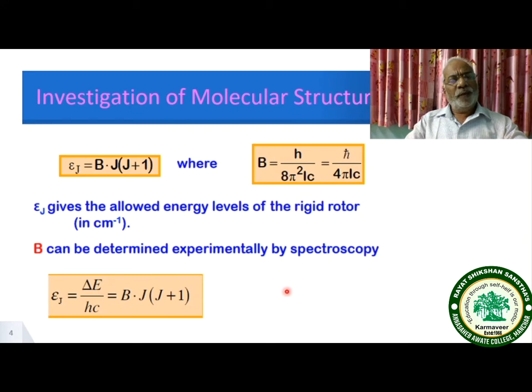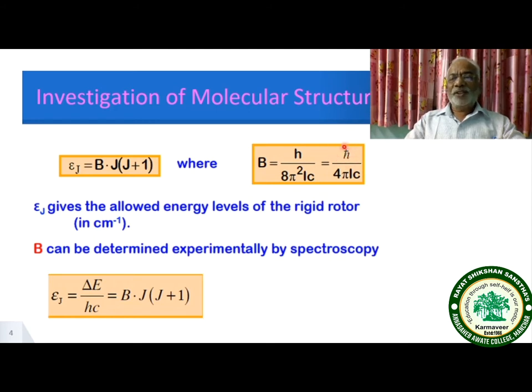Now, we consider here the expression in the simple modified form B J into J plus 1, where B is h upon 8 pi square I C, and here it is represented as h cross upon 4 pi I C. So what is this h cross? H cross is nothing but h upon 2 pi.